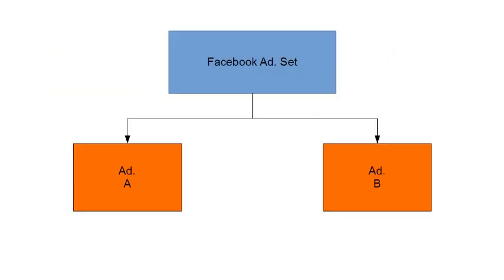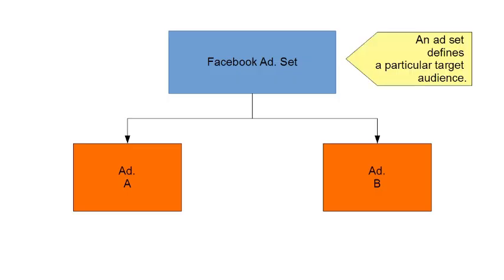And it works a bit like this. First of all, you have your Facebook ad set, and then you have two ads. For the sake of argument, let's call them Ad A and Ad B. Now, an ad set defines a particular target audience.